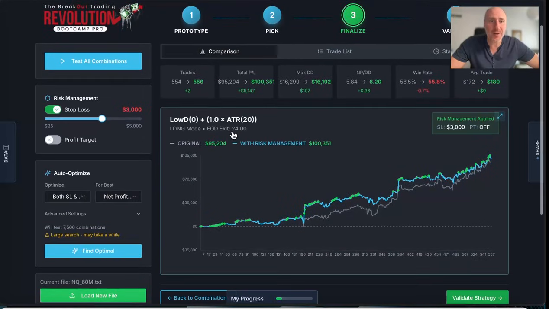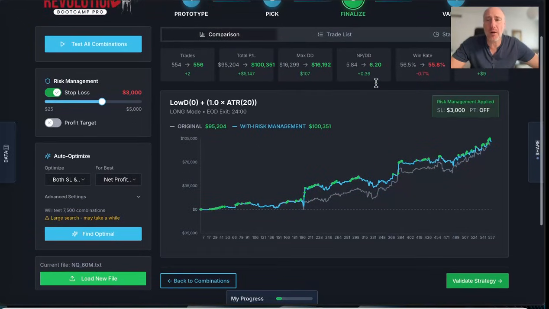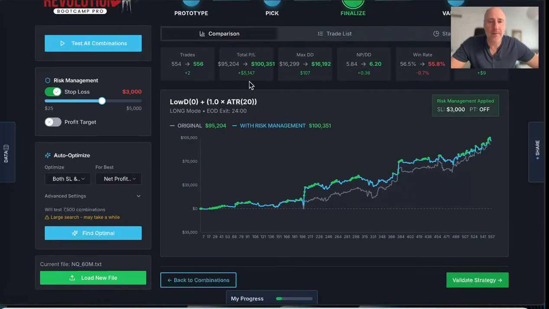So we can see, for example, that deploying a stop loss of $3,000 would actually improve the results from 95,000 to 100,000. So there are some improvements. Net profit to drawdown from 0.84 to 0.620, but overall not massive results.